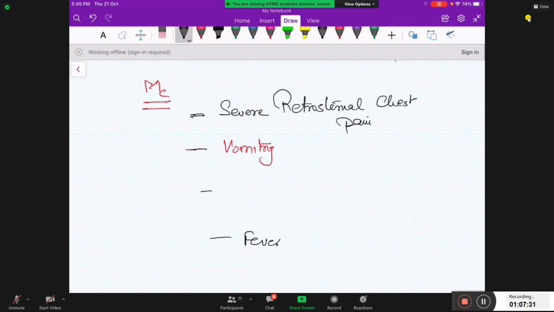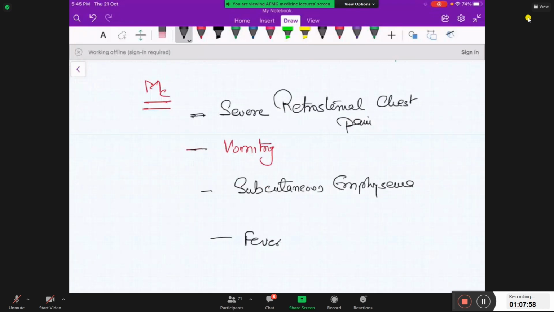So once the air leaks out from the esophagus, it will not only go into the mediastinum, it will also come into the subcutaneous plane. So this air from the esophagus may come into the subcutaneous plane, leading to a condition called subcutaneous emphysema. There will be air inside the subcutaneous plane.